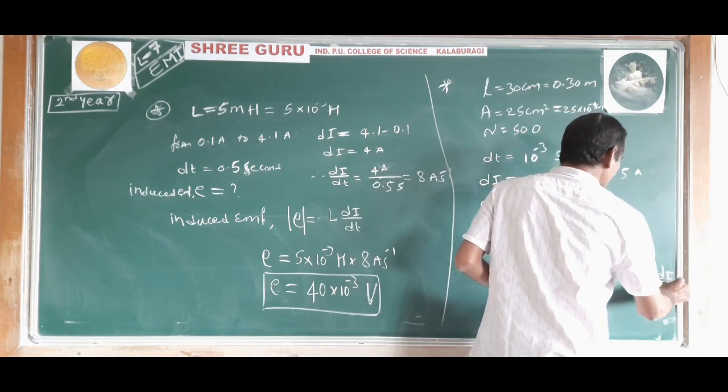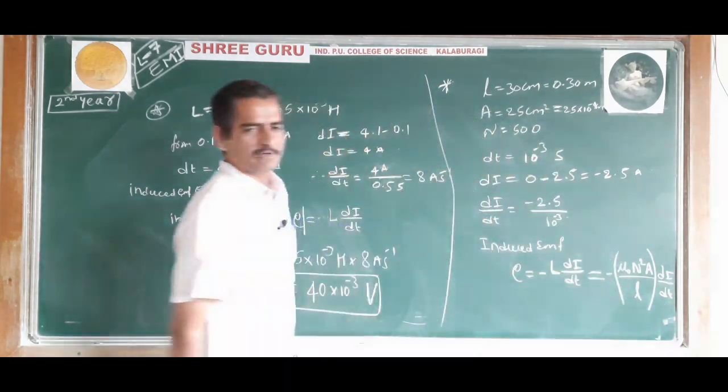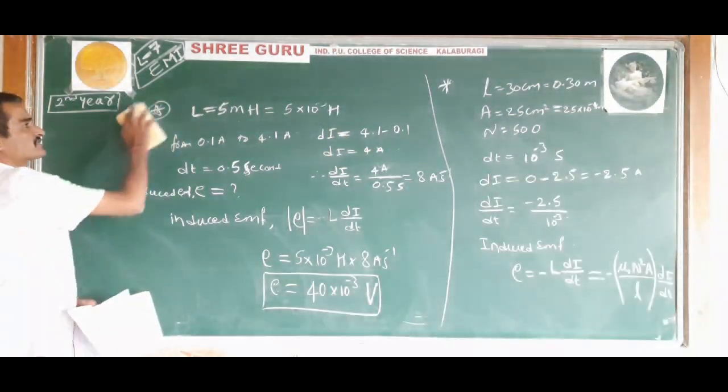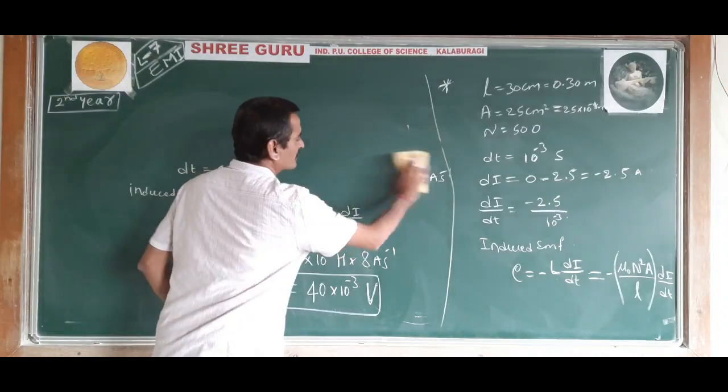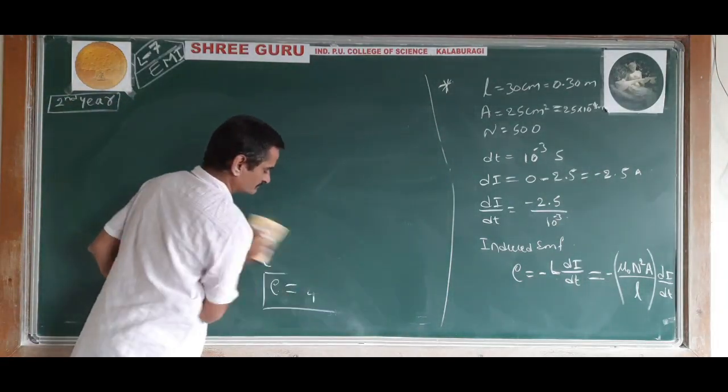You have to use this formula, mu naught N square A divided by l, that is the expression for the self-inductance of a solenoid. We have studied this in the previous classes.